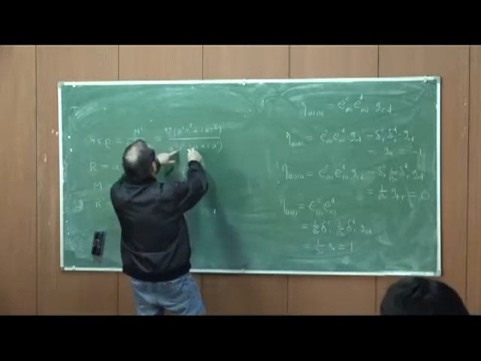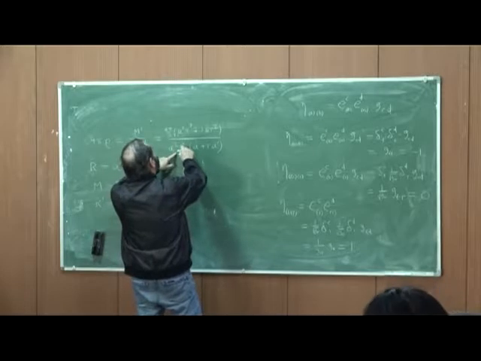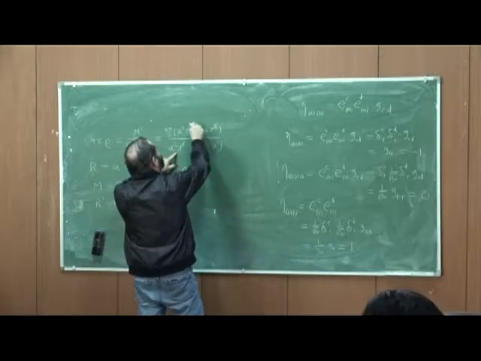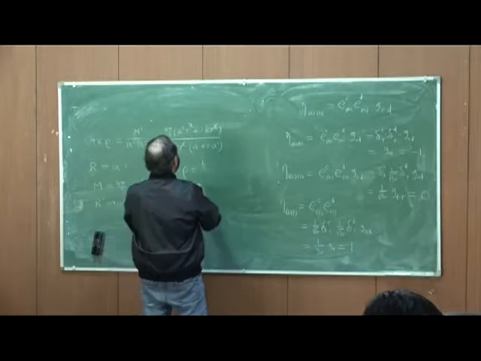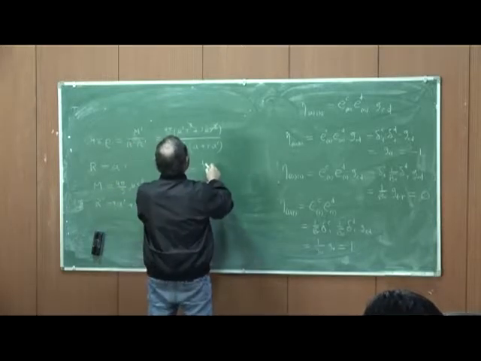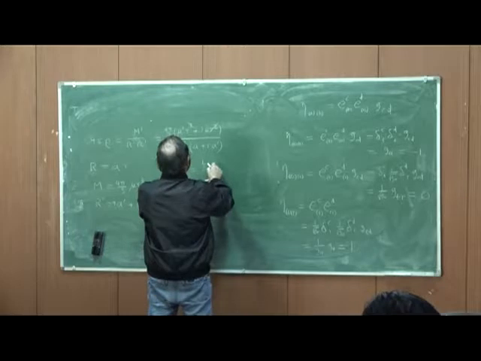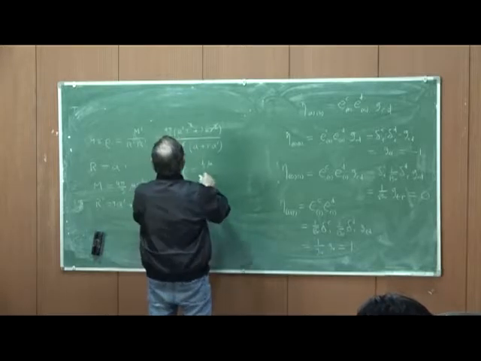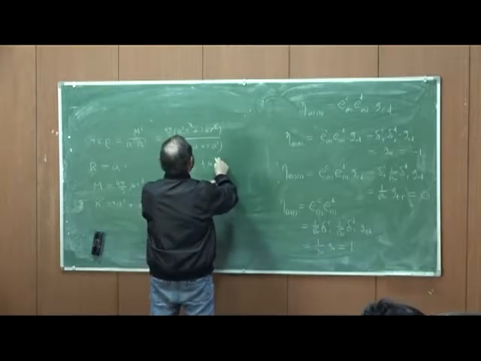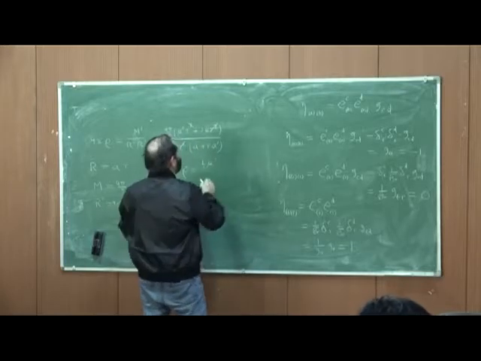Then notice that r squared will eliminate this one and this one, right? So we have 1/3, and then we can write this thing as mu. So mu, and then 1 plus.